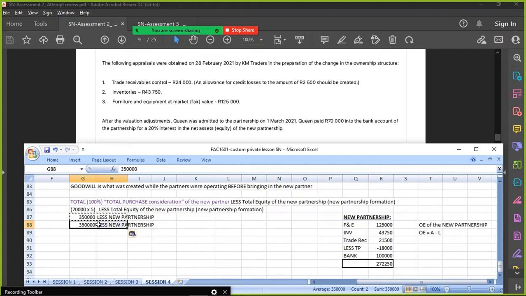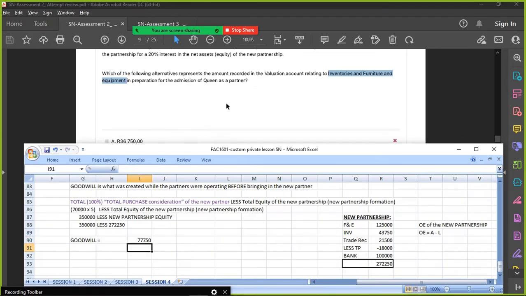So, oh, 27. Too many twos. Okay. So goodwill is going to be 350 less that.